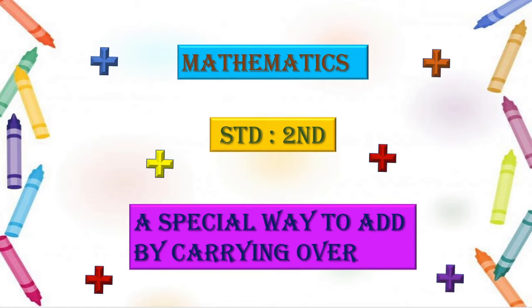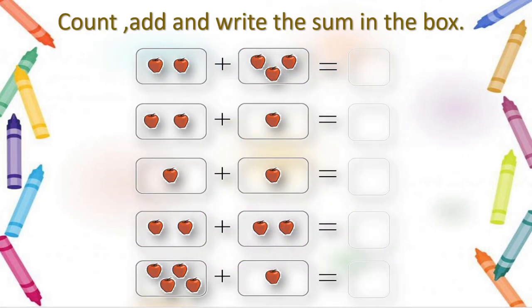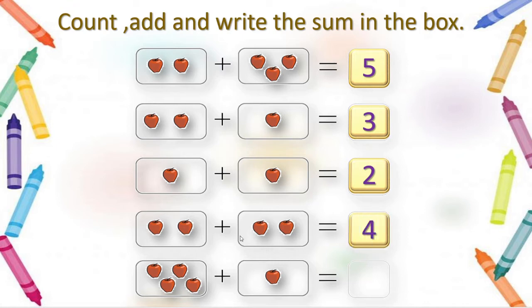Count, add and write the sum in the box. Here 2 apples plus 3 apples means 2 plus 3. You know the answer, that is 5, isn't it? 2 plus 1, that is 3, correct? 1 plus 1, 2. 2 plus 2, that is 4.